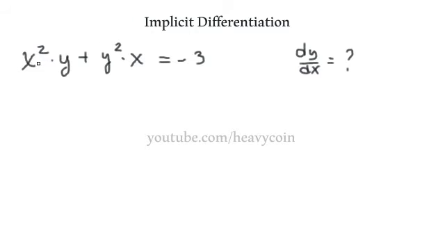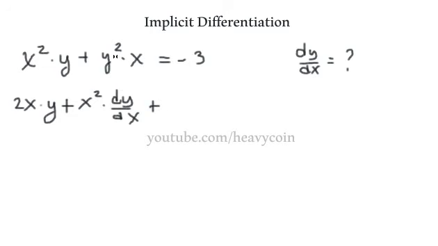So we have the product here. We have x squared times y, and we're going to use the product rule. So the derivative of x squared is 2x times y plus, and then we rewrite x squared times the derivative of y, and derivative of y is 1, but I'm not going to write 1 here. But remember, when we take the derivative of y, we also got to write dy over dx next to it.